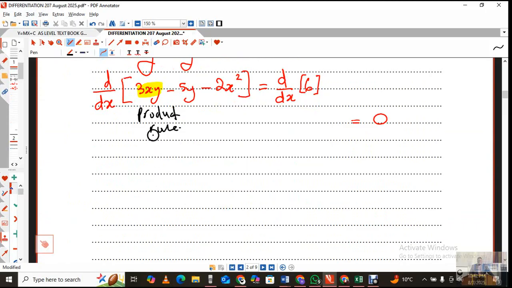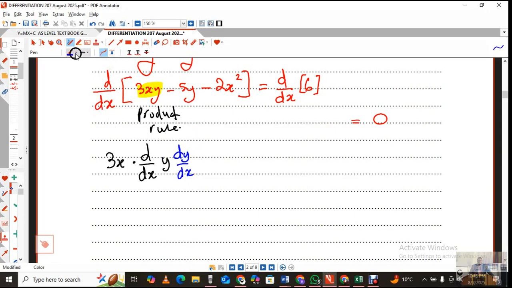Right, so using the product rule for 3xy, remember 3x is one of the functions, so the rule says keep the first multiplied by the derivative of the second, d dx of y. Since we have that, we are going to attach something to that. In this particular case, we are going to attach dy dx.